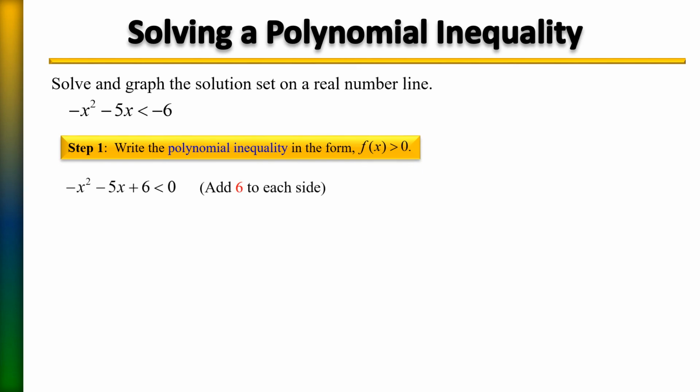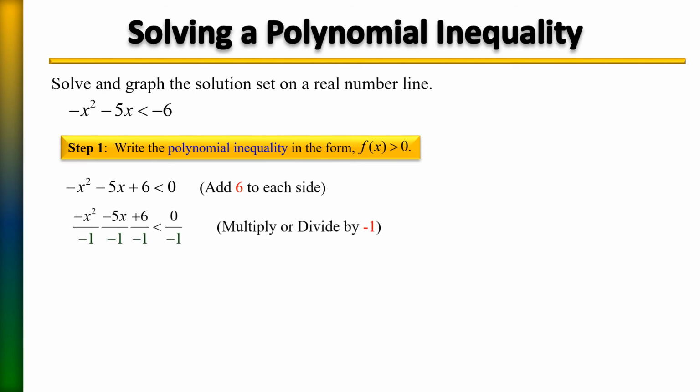Now, it would make that a lot easier to factor if that first leading term wasn't negative. So what we can do here is multiply or divide the whole thing by -1.